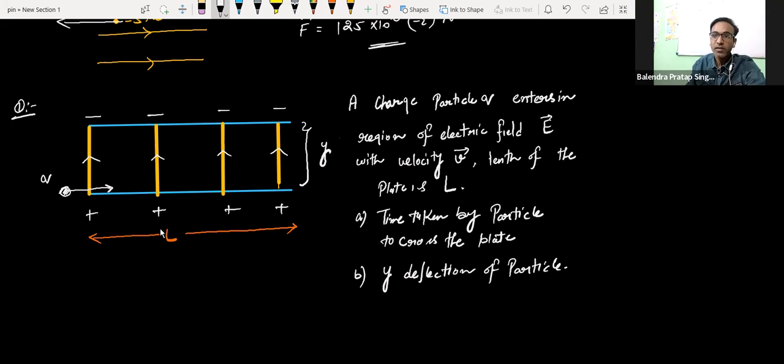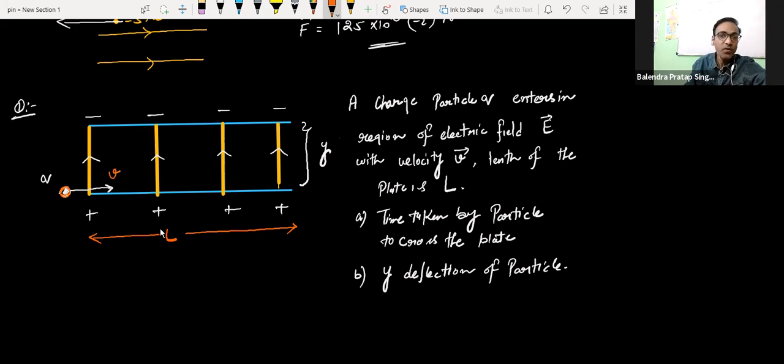Suppose you put a charged particle with initial velocity v close to the positive plate. When this charged particle q enters the field, what happens?